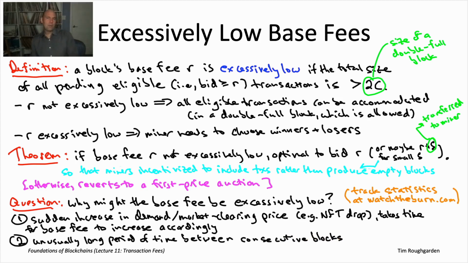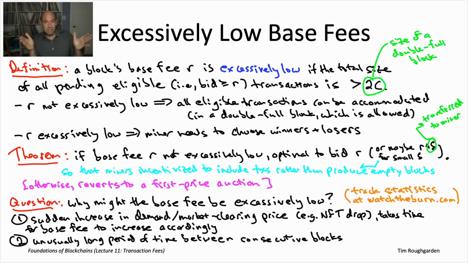So let's think through the consequences of that. Even if you had exactly the right market clearing price, so that with a normal duration between blocks of 13 seconds, you'd have exactly capital C units of eligible transactions, if it takes 3 times as long to create a block and the rate of arrival of eligible transactions stays steady, all of a sudden you're going to have 3 times as many eligible transactions as you thought you were going to.